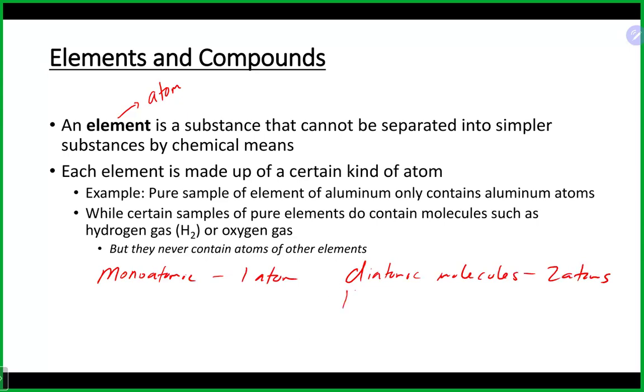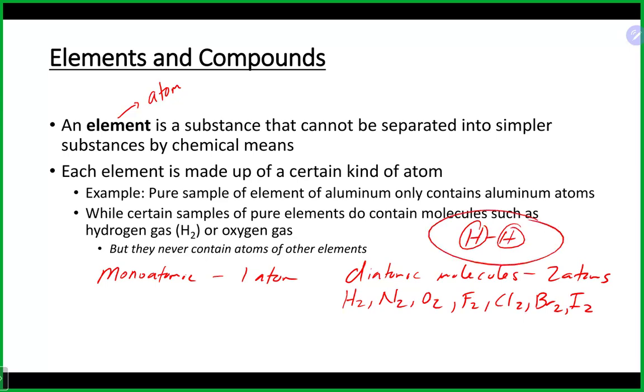And those elements are H2, N2, O2, fluorine, chlorine, bromine, and iodine. How they naturally come when they are by themselves is they basically come as twos. So, for example, hydrogen comes as basically two hydrogen atoms together as hydrogen gas, and they are united. That is still an element because, again, the only atoms present are hydrogen in this case.